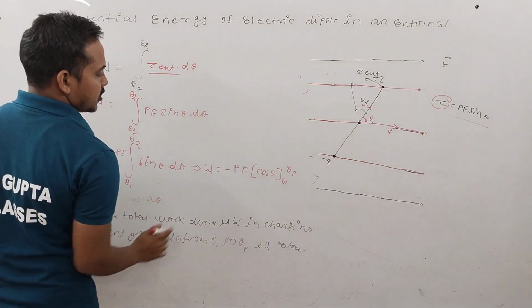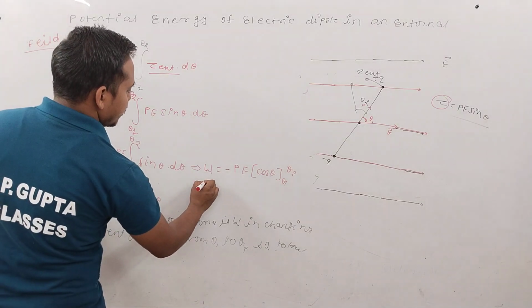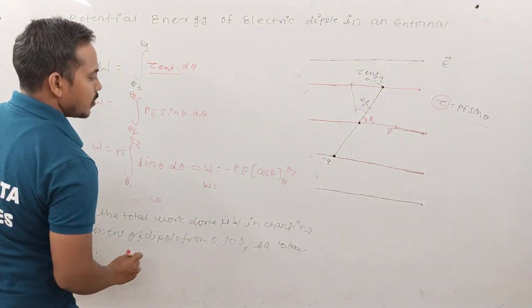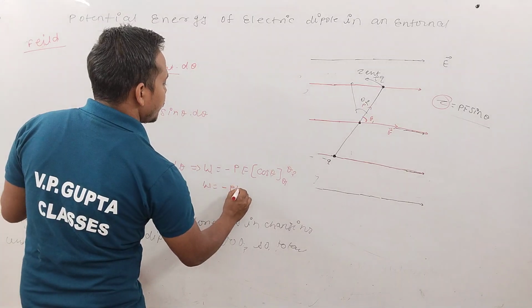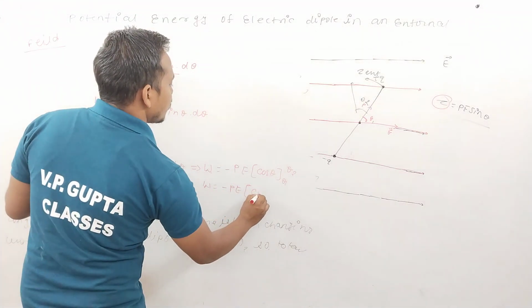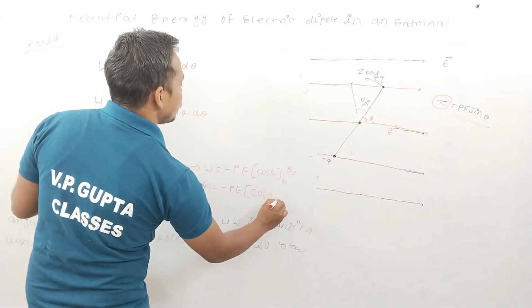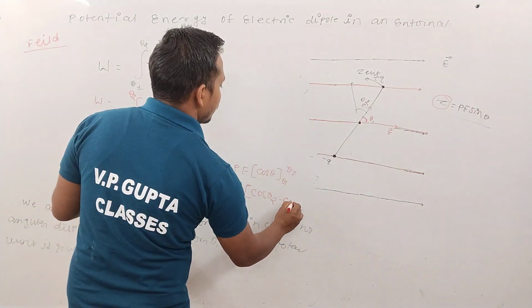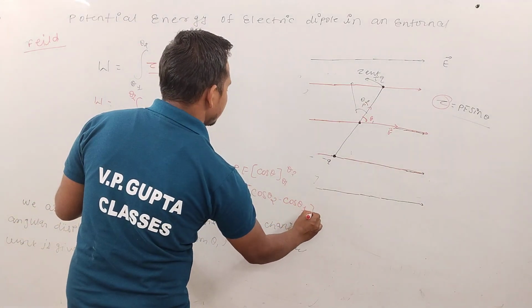Putting in the limits, w is equal to minus Pe times (cos theta 2 minus cos theta 1).